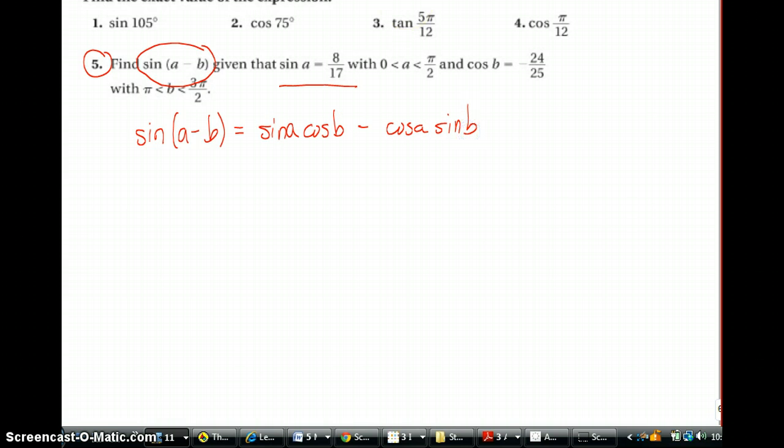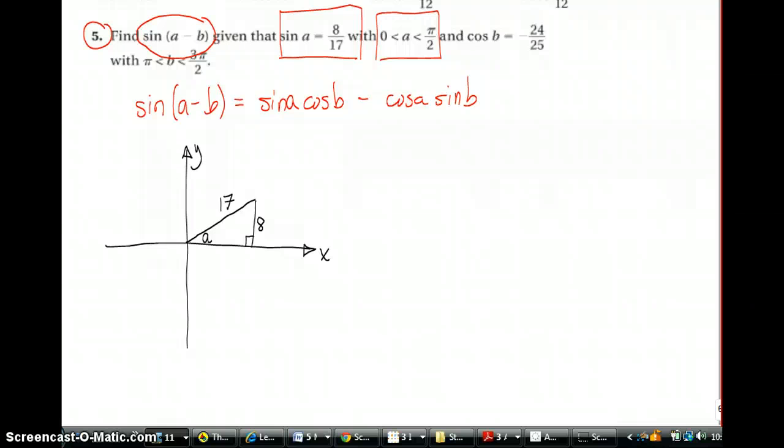Now, what's interesting here is that we're given the sine of a, which is 8 over 17, and we must also then find the cosine of a. They tell us that a is in quadrant 1, so I'm going to pause the video and sketch out a triangle with those side lengths.